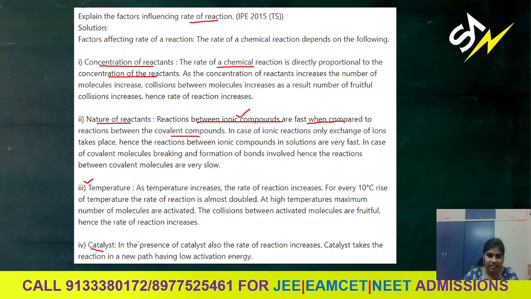And catalyst, this is also one of the important factors. A catalyst will increase the rate of reaction, but it does not take part in the reaction. It just influences the rate of reaction. It just pushes the reaction to form the products very fast. So these are the 4 important factors influencing rate of reaction.